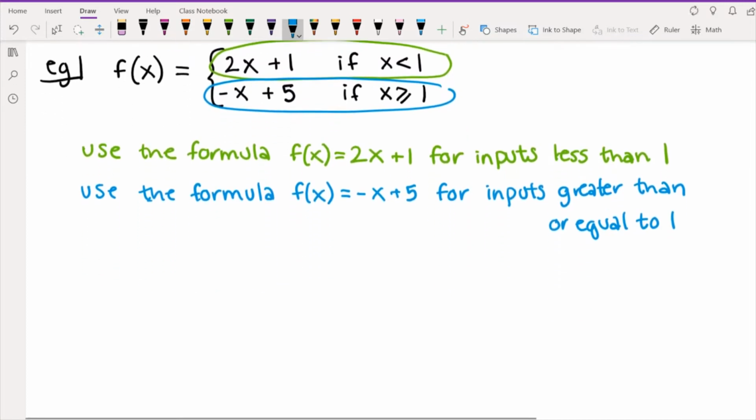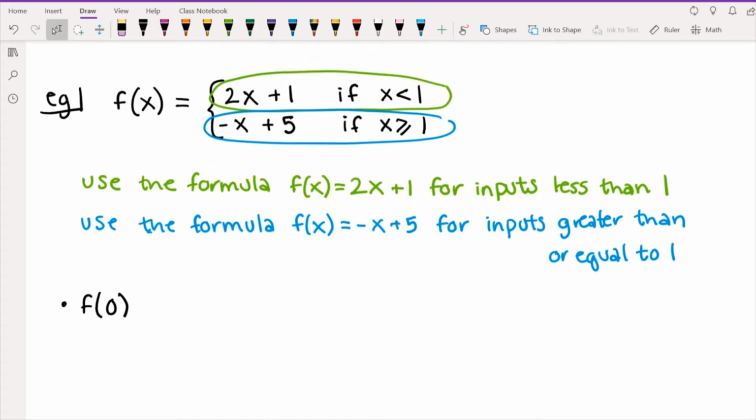So for example, let's say that you're asked to evaluate f of 0. The first thing you need to do is figure out which one of these two formulas you're actually going to be using. And the way you figure that out is you start by looking over here, actually, right? You want to start by looking at which of these ranges this x value falls into.